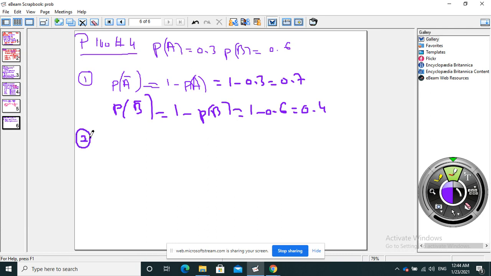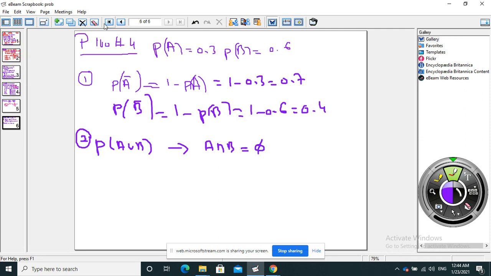Second question. Calculate P of A union B, knowing that A and B are mutually exclusive. What does mutually exclusive mean? As I said already, A intersection B is empty, it's phi.